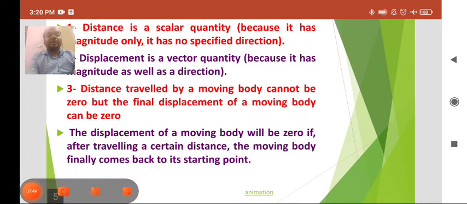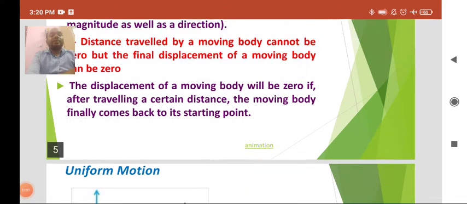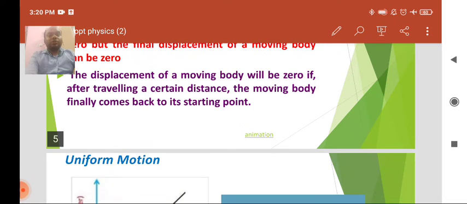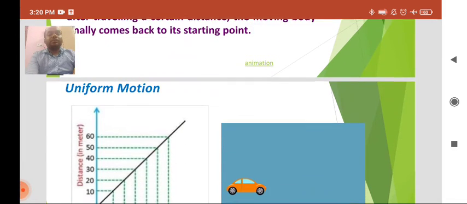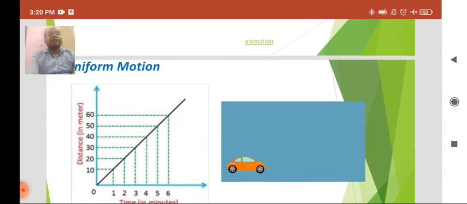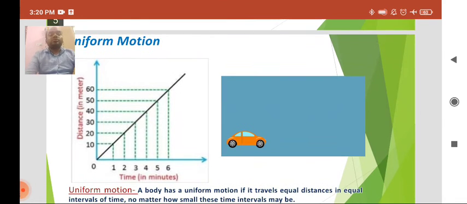Next point: what do you understand by uniform motion? According to the figures, uniform motion is represented by a graph and vehicles. The vehicles move on a road in a straight direction, covering equal distances in equal time intervals.